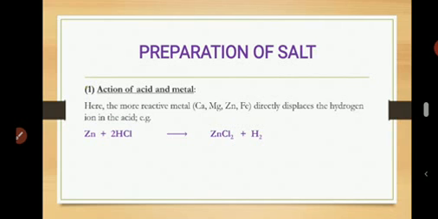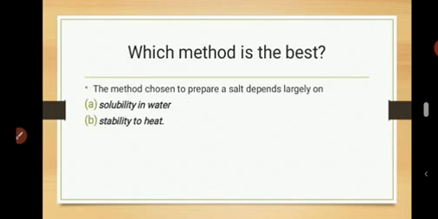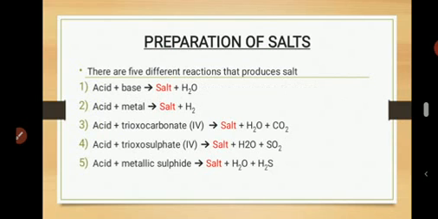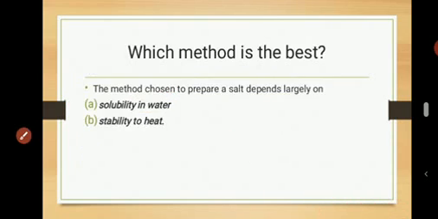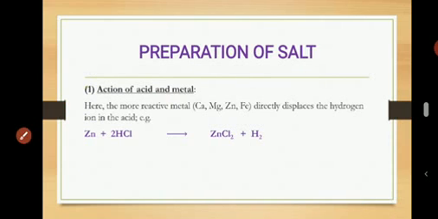Remember in this introduction to preparation, acid can react with metal to give you salt. You call that a displacement reaction. I will show you now. So you can react acid with metal to give you salt.